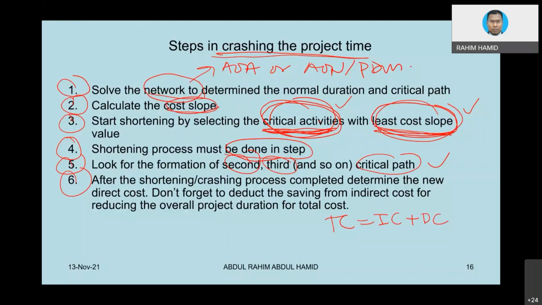It is like the fixed cost that you normally spend in your daily expenditure. But the direct cost is basically related to the activity itself because it is related to man, machine, and material.